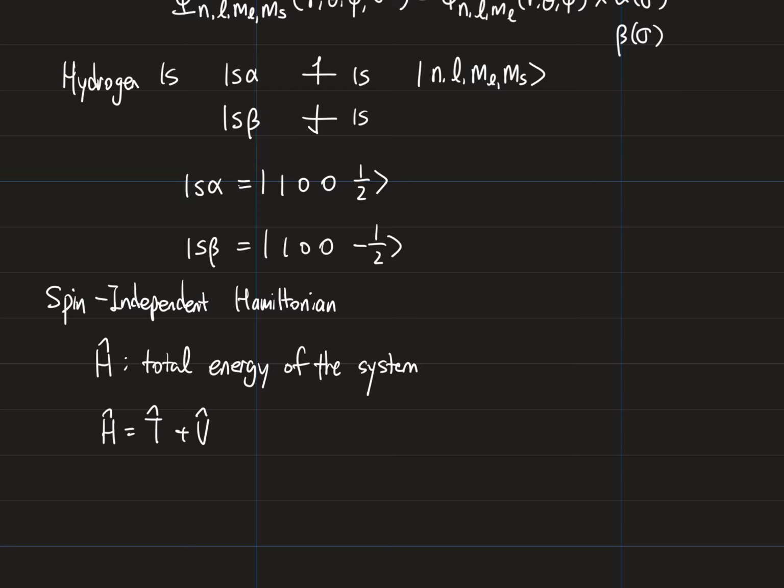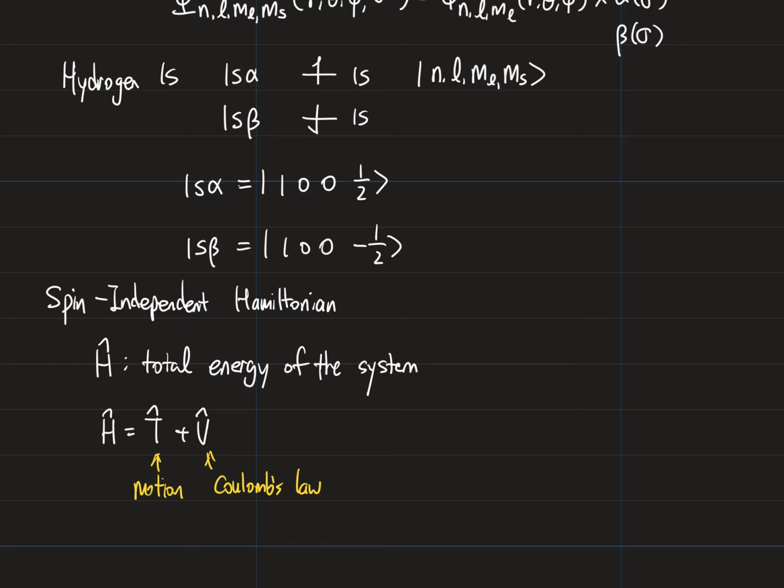So the key point here is that neither the motion nor the electrostatic attraction, Coulomb's law, depends on which way the electron is spinning. So they don't care about the way the electron is spinning.